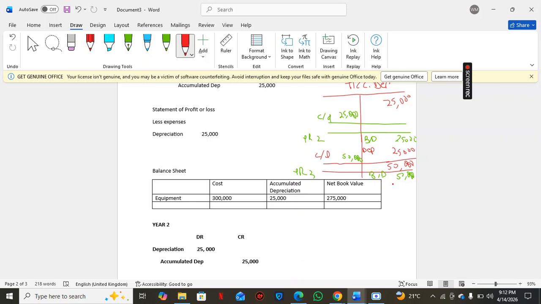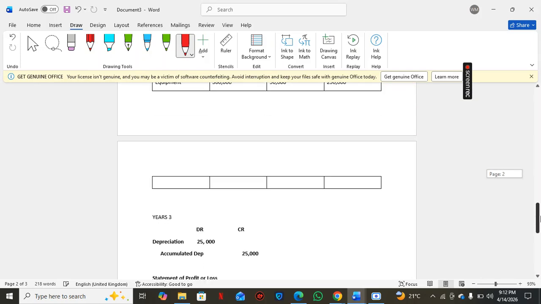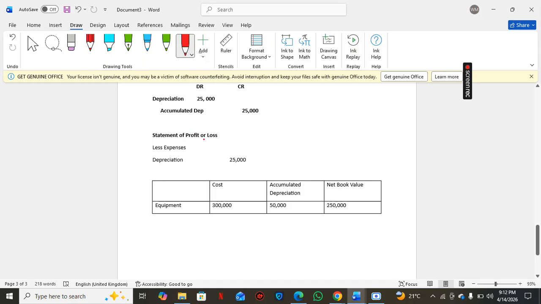Now, you add in another 25,000. So the accumulated depreciation now is 75,000. So under accumulated depreciation, you're going to put 75,000.